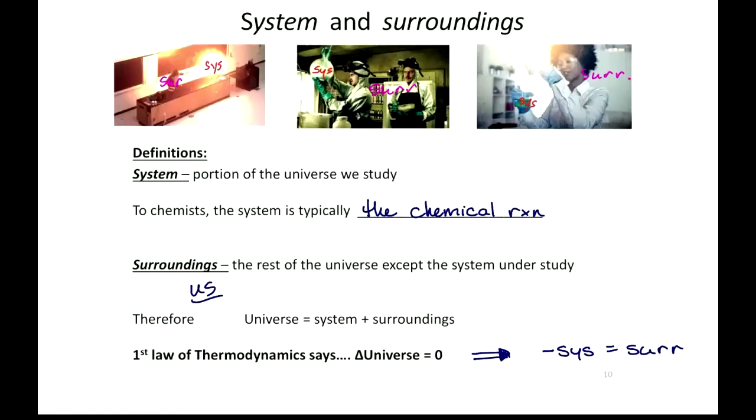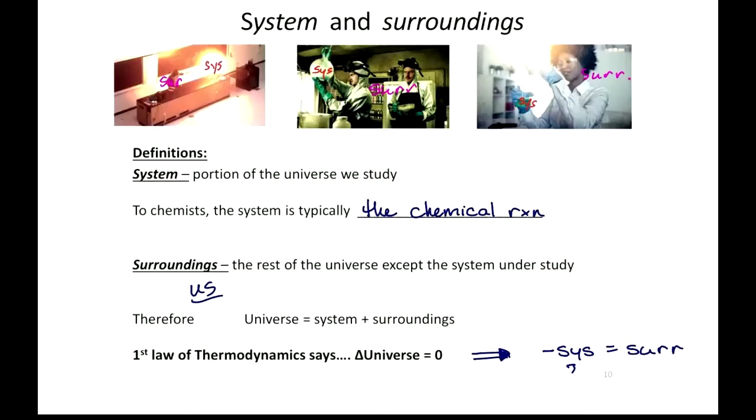So we can utilize that idea and think about how energy transfers from system to surroundings. Oftentimes we can measure the surroundings, and so we can back calculate how energy changes in relation to the system. This is essentially the first law of thermodynamics: whatever is lost by the system is gained by the surroundings, because system and surroundings is the universe.